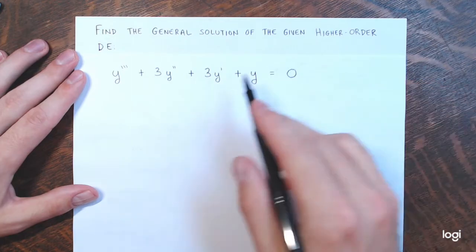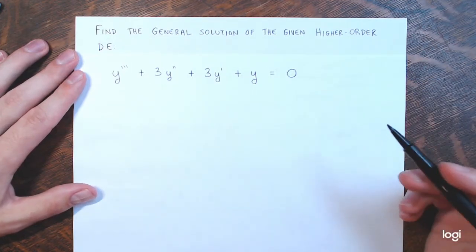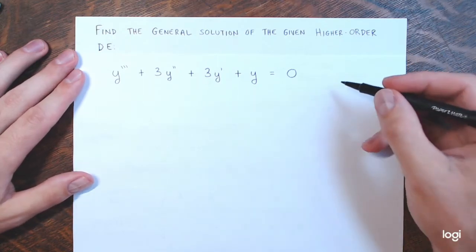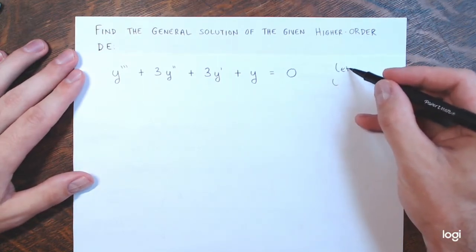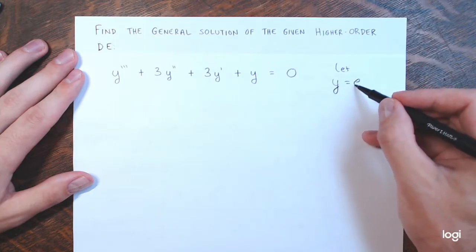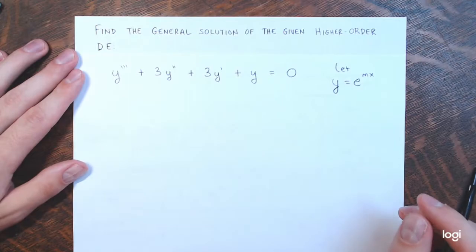So here I'm going to say y is the dependent variable. Let's say x is the independent variable. You can make it t or some other letter if you want, but for these homogeneous linear differential equations with constant coefficients, I'm going to let y equal e to the mx.